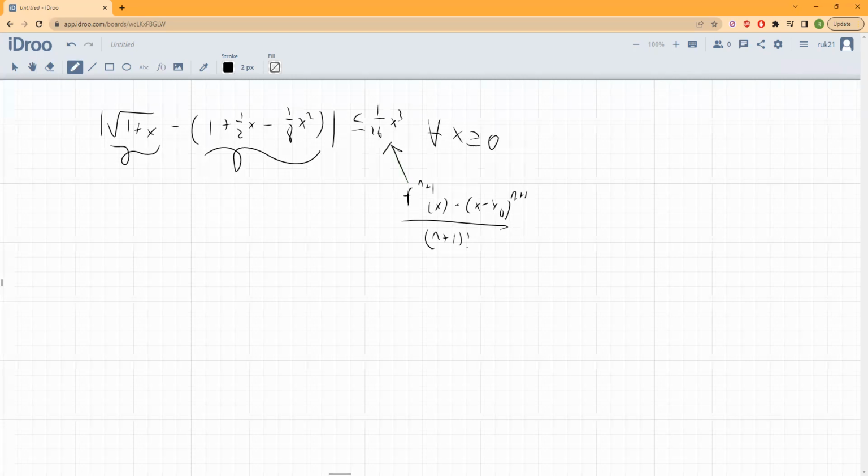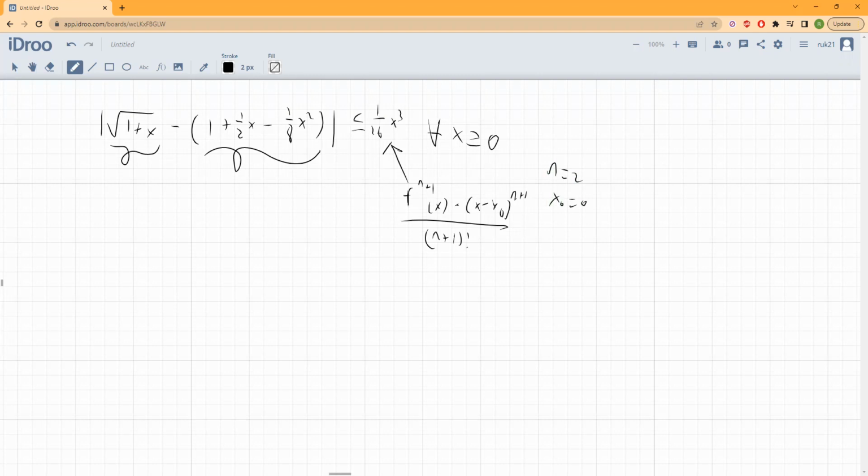As we said, we know that n is equal to 2 here. It's good to know. x null is equal to 0. x we're going to keep. And so now our mission's kind of done. We basically have all the info. We just need to find the n plus 1 derivative of f and see that it is in fact 1/16.